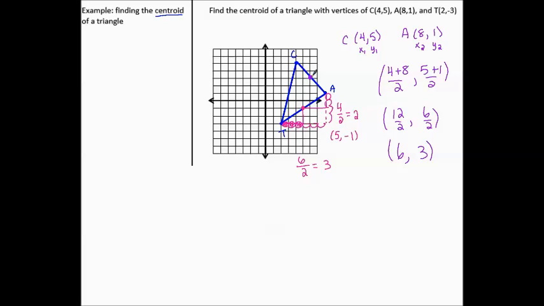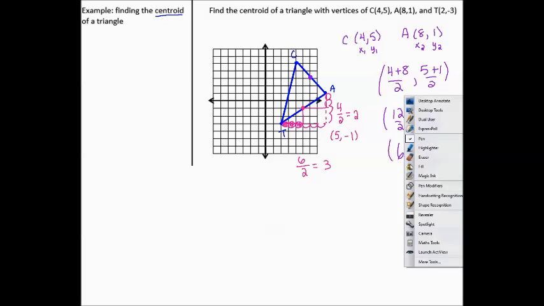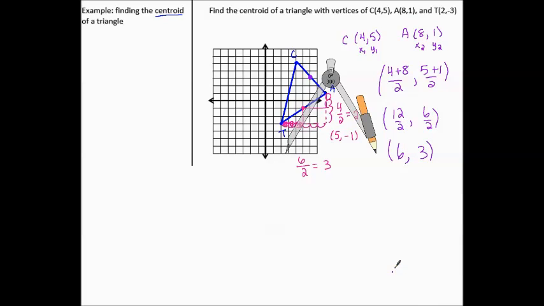Lastly, let's find the midpoint between C and T. Now, there is a third method for finding the midpoint of a line segment, and I'm sure that you remember using our compass. So we will start by placing one end on T and drawing an arc.